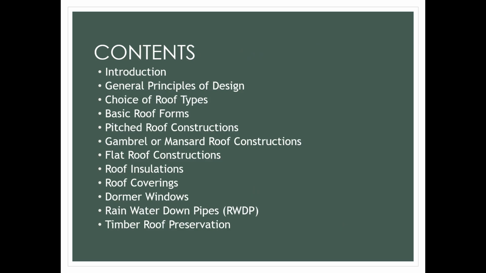So this is the content of this topic: introduction, and then we're going to look at general principles of design, choice of roof types, and you have to know basic roof forms and pitch roof constructions, gambrel or mansard roof constructions, and then you are going to learn about flat roof constructions, roof insulations, roof coverings, dormer windows, and then rainwater downpipes, RWDP, and the last one is timber roof preservation.